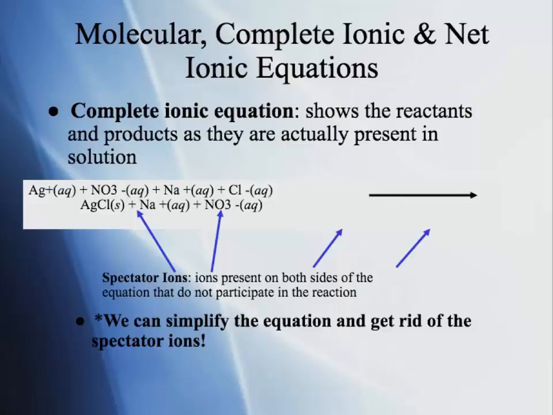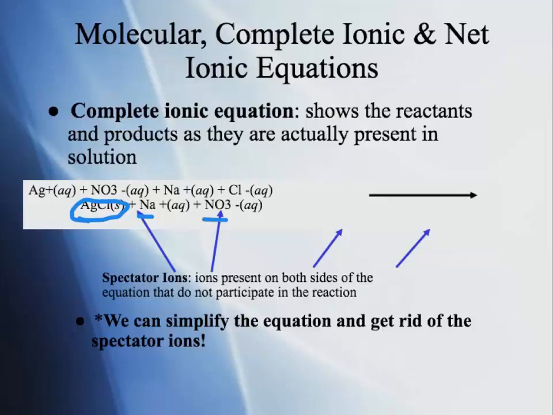So since both of the reactants were aqueous, we have Ag plus aqueous, plus NO3 minus aqueous, and we have sodium aqueous, and we have chloride ions aqueous, reacting to form, here's our solid. We cannot write that as ions because that's actually a solid. They're not free floating anymore. They've found each other, and they're holding tight. But the sodium and the nitrate are still aqueous.